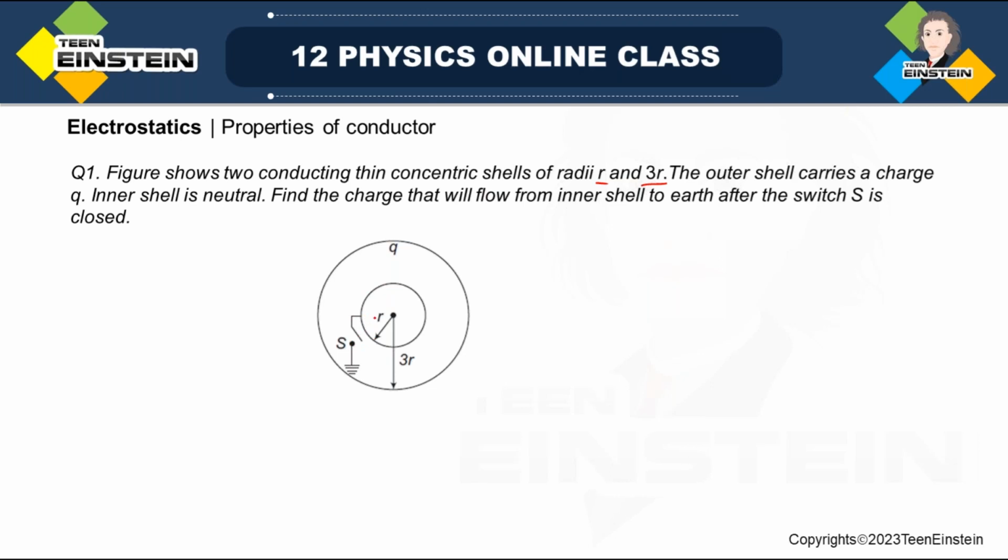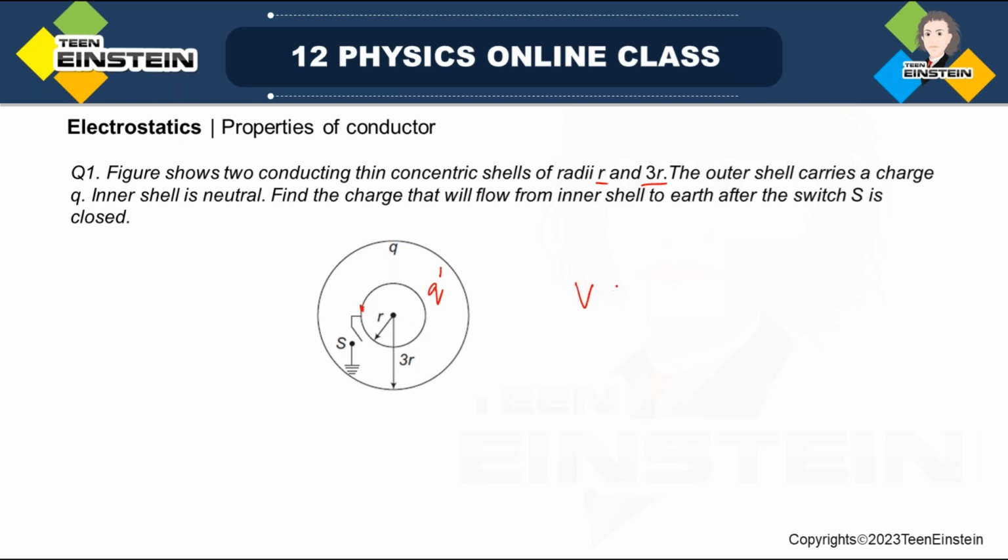So that is the fundamental point. Let us say Q prime has got transferred to S, that means just when it was connected, there was Q prime charge on it. So what will be the potential at any point on this surface? That I can find out from here.